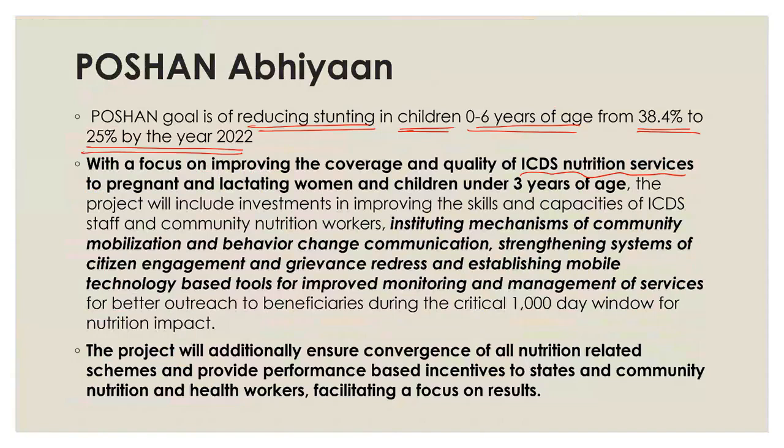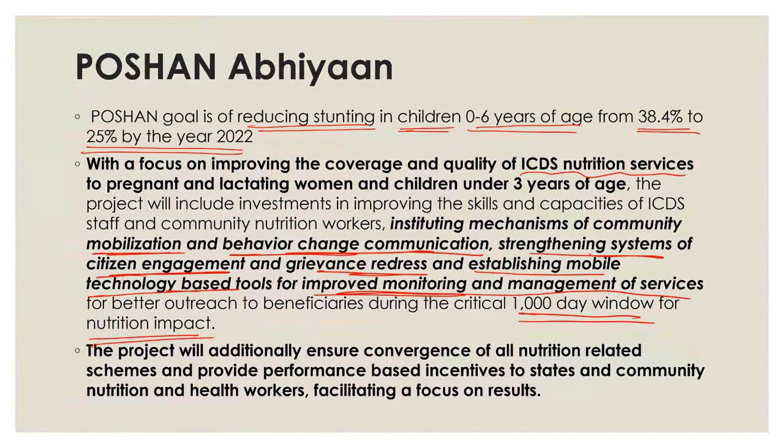The idea is to include investments in skill and capacity of the ICDS staff, instituting mechanisms for community mobilization, behavior change communication, strengthening systems of citizen engagement, grievance redressal, establishment of mobile technology based, and improving monitoring and management of services. The idea is to reach the beneficiaries in the 1,000-day critical window for nutrition impact.